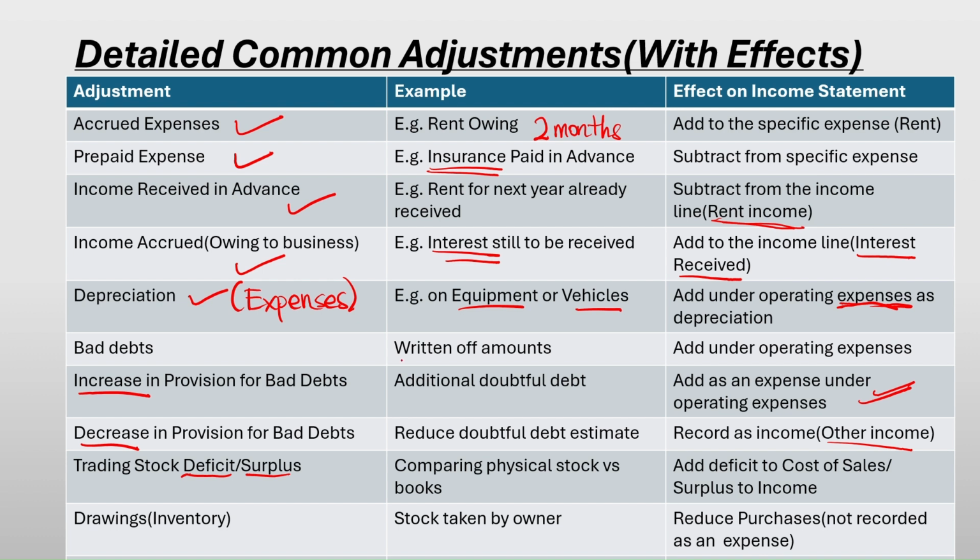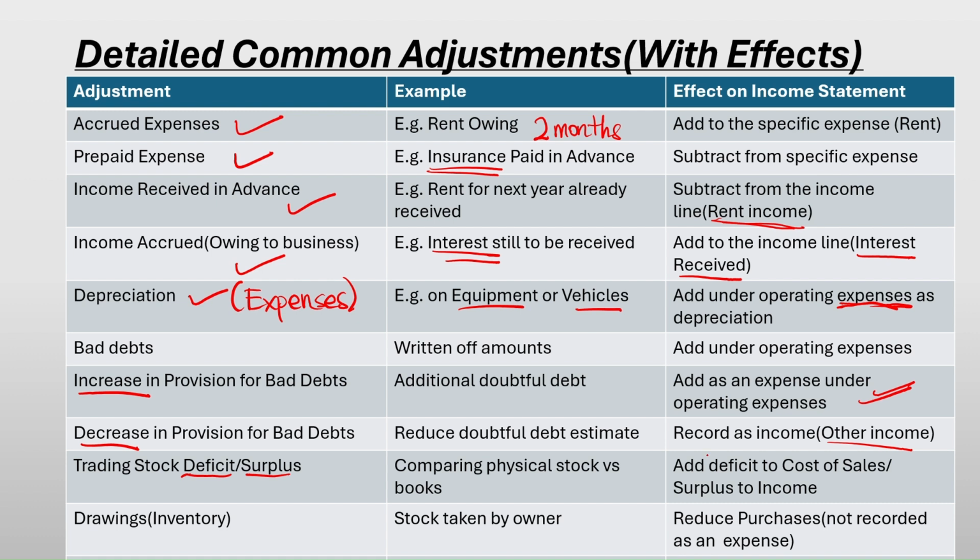So here we are going to add the deficit to cost of sales. By deficit, it means that the physical stock that we have in the company is less than the stock that we have in our books.